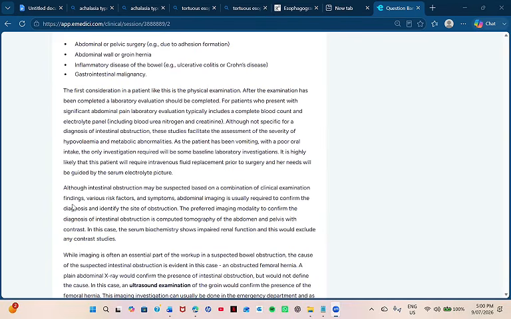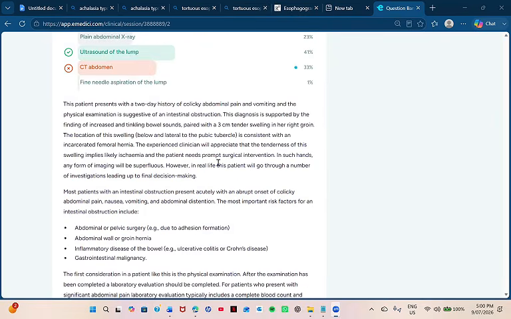Practically we are using that, but here they have clearly mentioned the surgical side, and like ischemia, the experienced clinician will appreciate the tenderness of this swelling suggests ischemia, and the patient needs prompt surgical intervention. In such a case, any imaging will be superfluous, right?